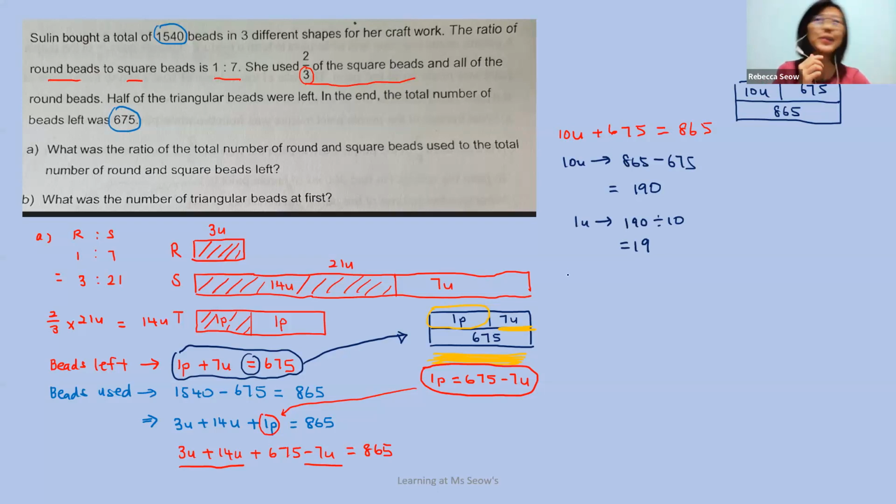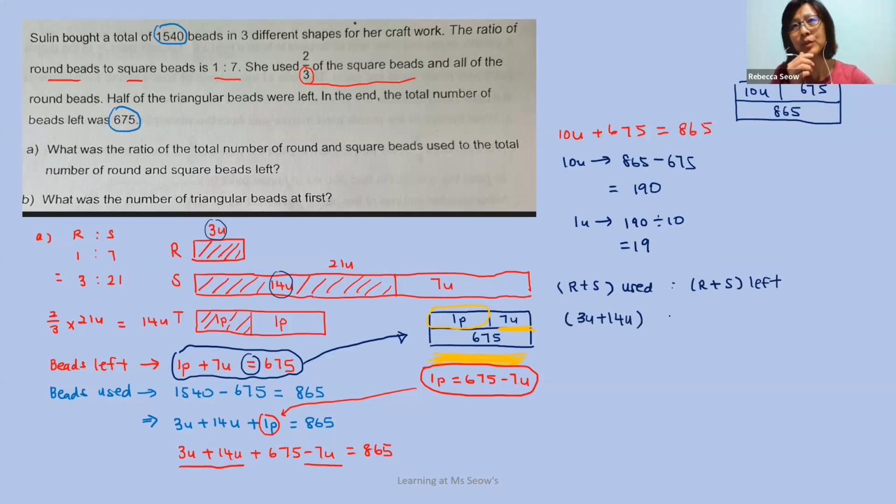Usually at this point, I will look back at the question and it should answer most of it. What was the ratio of the total number of round and square beads used to the total of round and square beads left? Those that have been used, round and square, we have 3 units and 14 units.